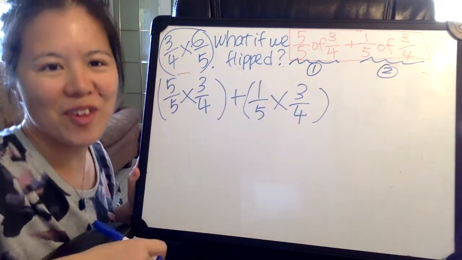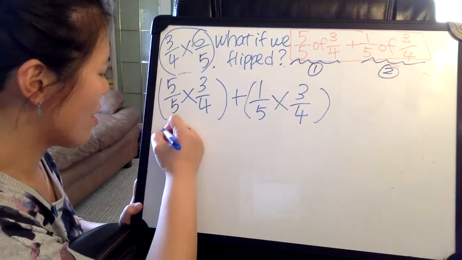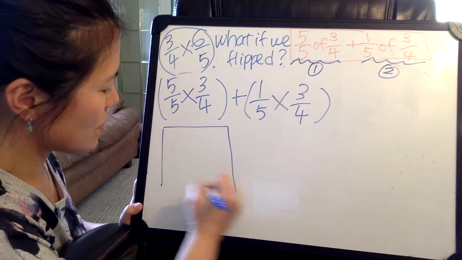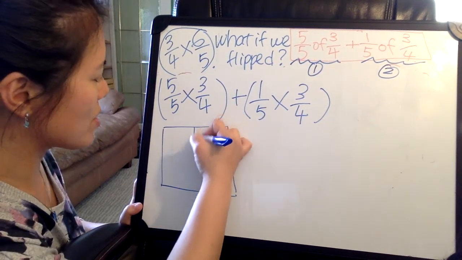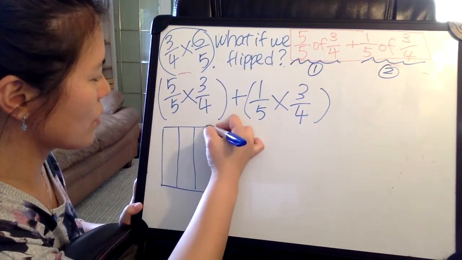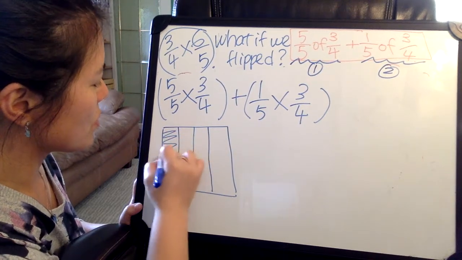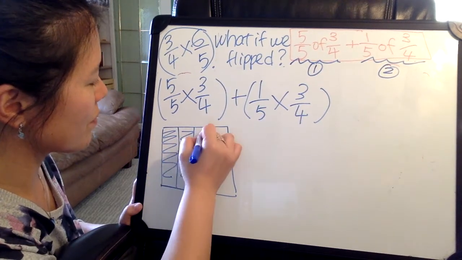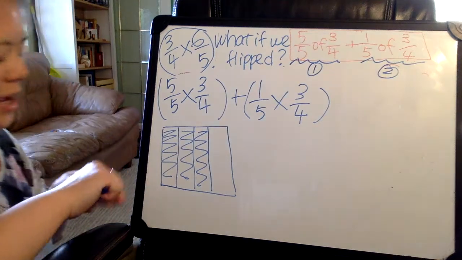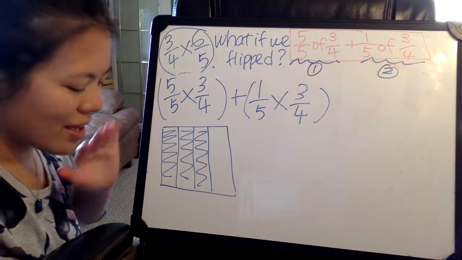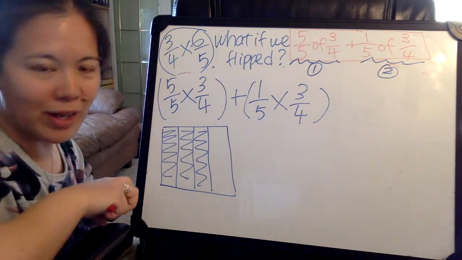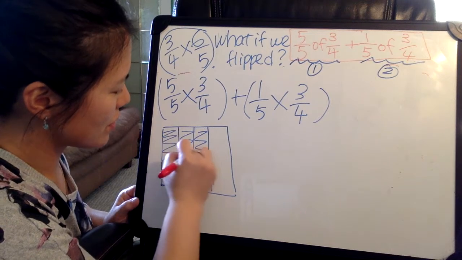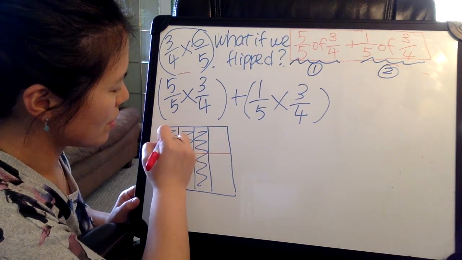Let's see whether we get the same answer. So I am going to represent my 3/4, and I'm going to divide my area model into 5 equal parts.